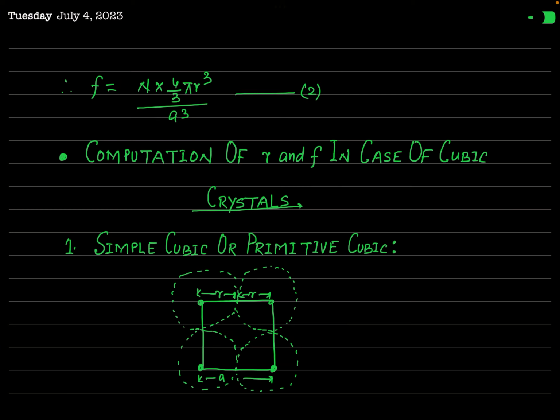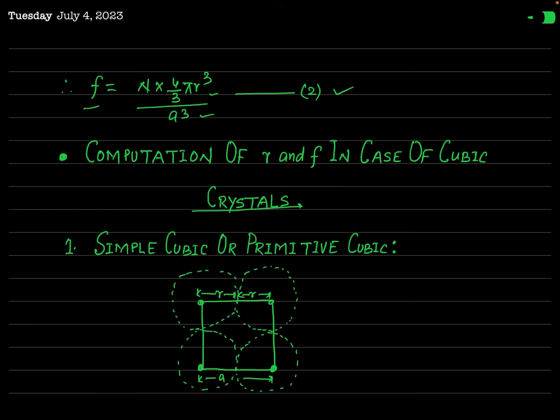In all these three cases, we will calculate these two parameters. Here in this equation 2, I have substituted 4 by 3 pi r cube in place of small v and a cube in place of capital V. So this is the formula from which we will calculate the packing fraction for a cubic crystal.